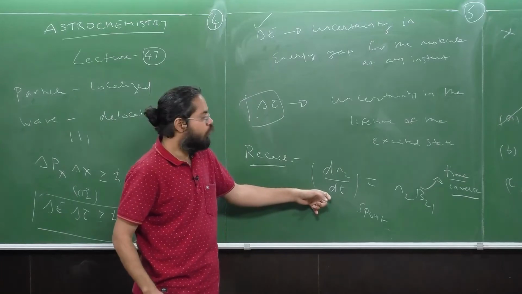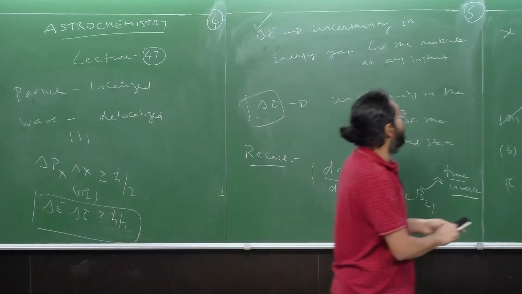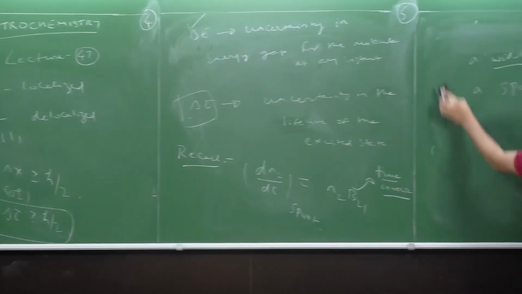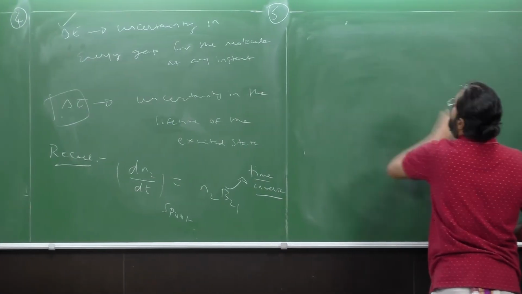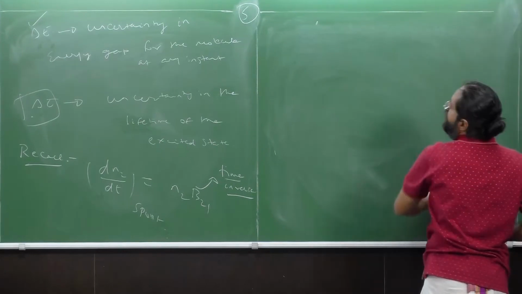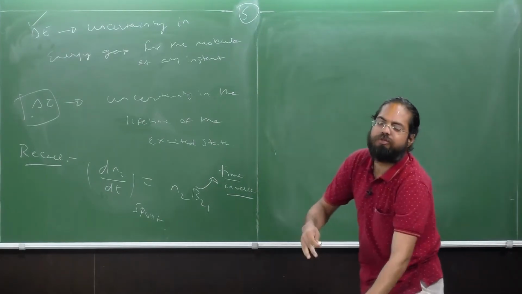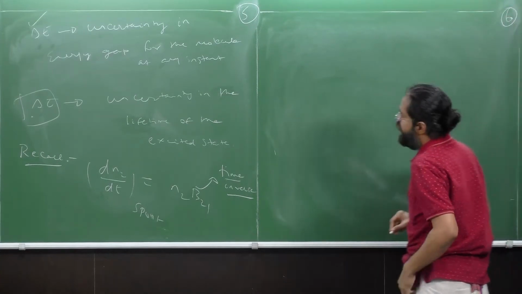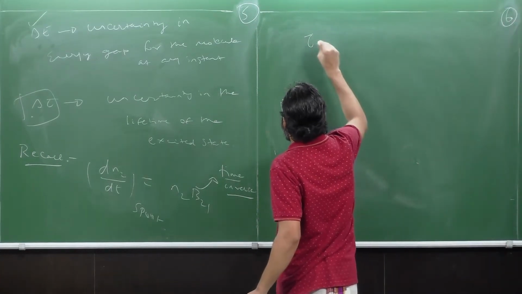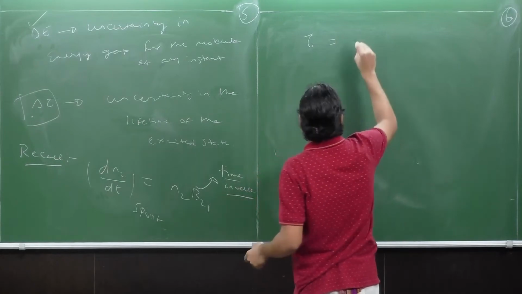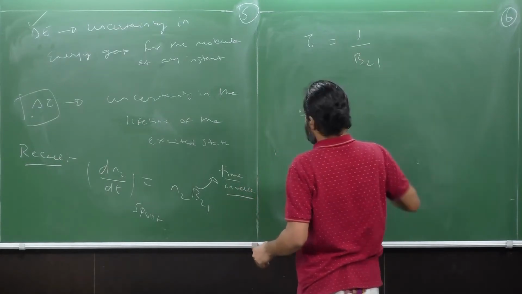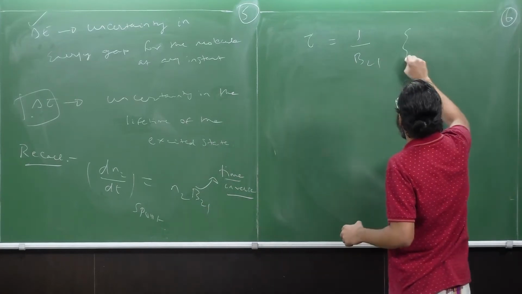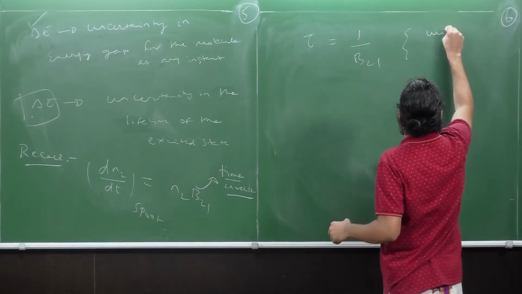The lifetime of a complex, or the lifetime of any excited state, the lifetime of a molecule, could be defined as, it's not a unique definition, but one that is useful for us. So your tau can be understood as the inverse of the Einstein spontaneous emission coefficient, and this is now units of time.